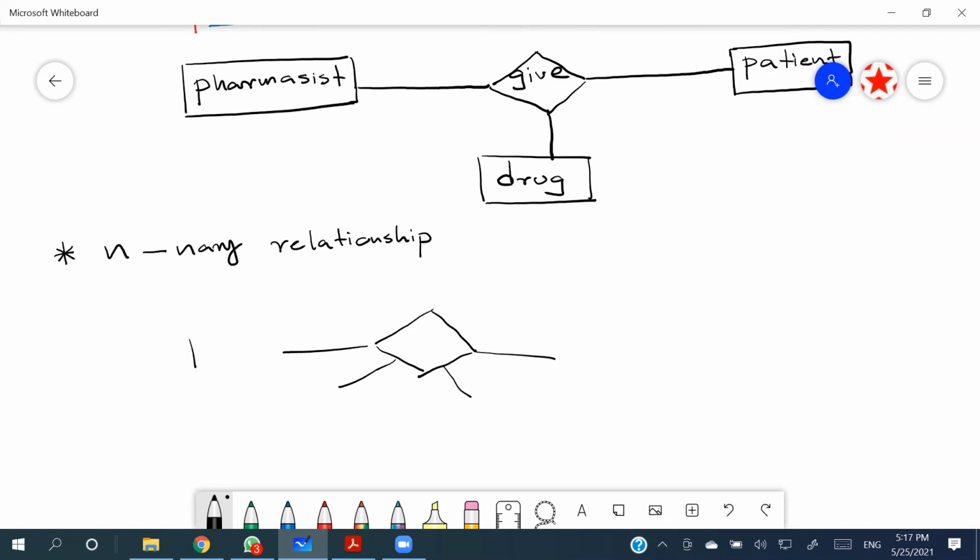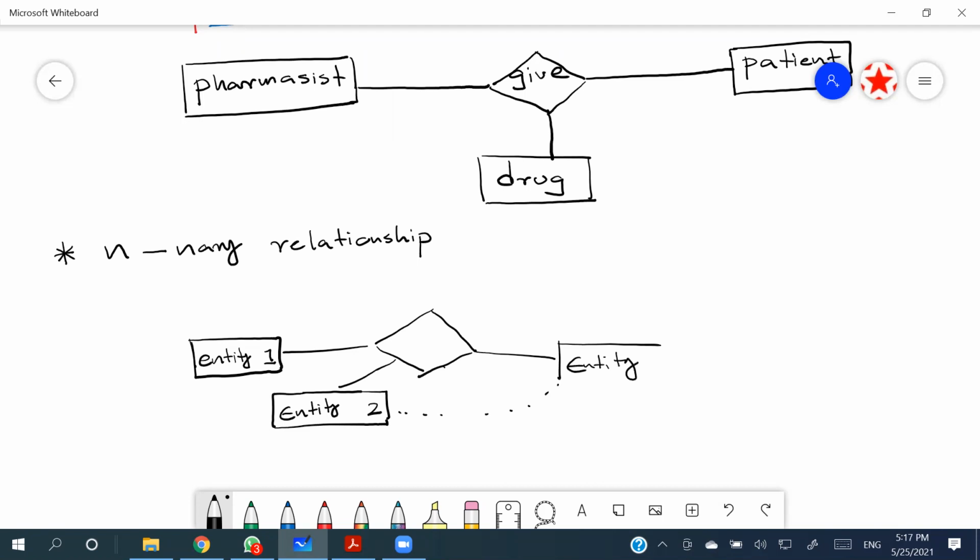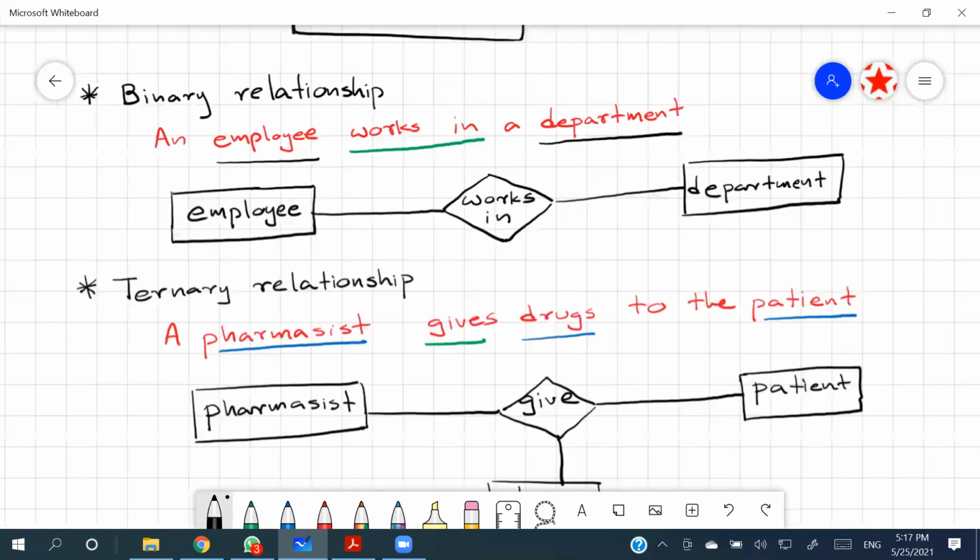You are connecting from the first entity, entity 1, this is entity 2, likewise it goes up to entity n. Right, so these are the degrees that we can talk about.